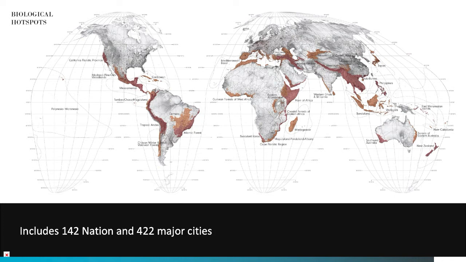But there are some interesting patterns on this map, including the distribution of these hotspots in areas that are close to oceans and the very large number of hotspots that are present in Southeast Asia and South America. There's also a number of hotspots that incorporate cities, so these aren't just pristine areas where humans don't live. In the next slide, I'm going to talk about South Africa. You can see that region at the very southern tip of the African continent.